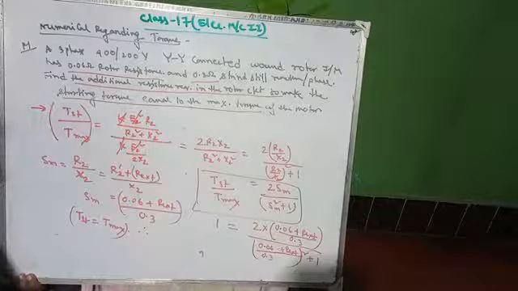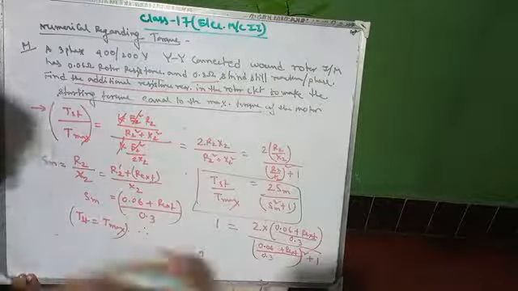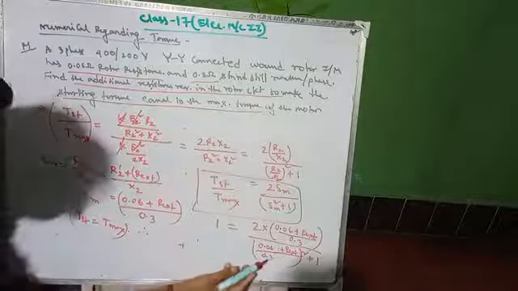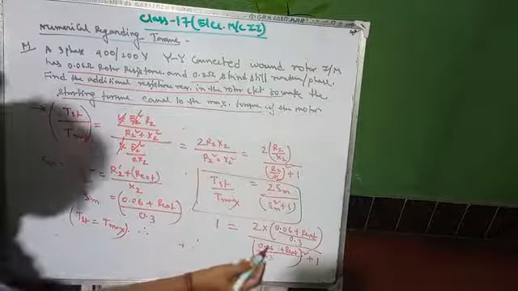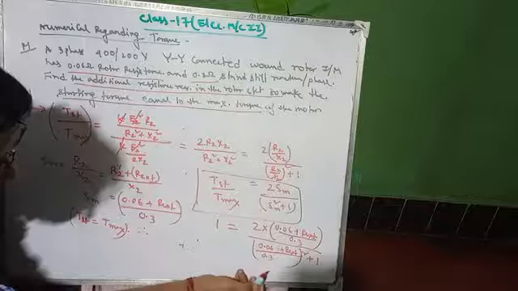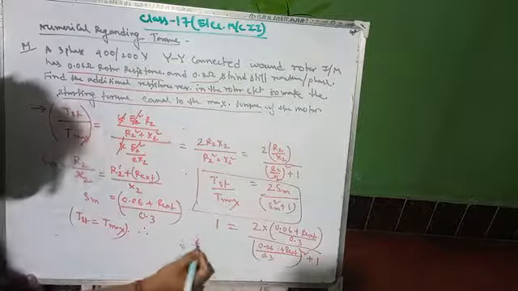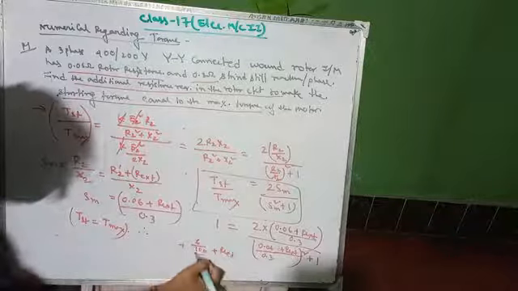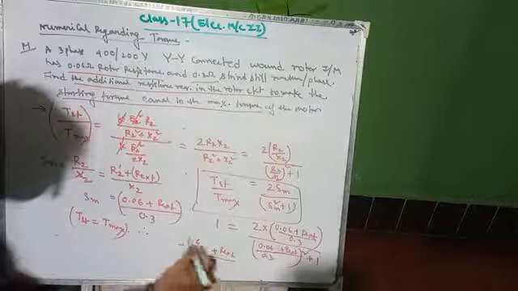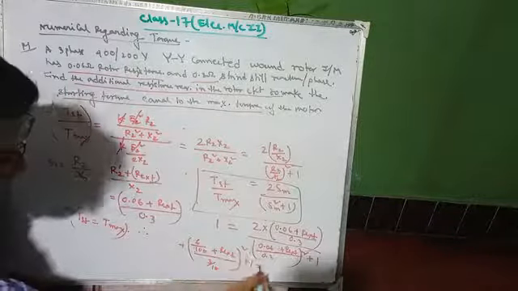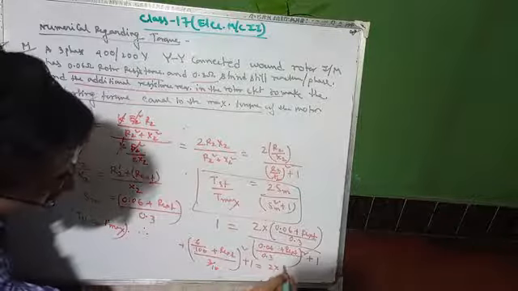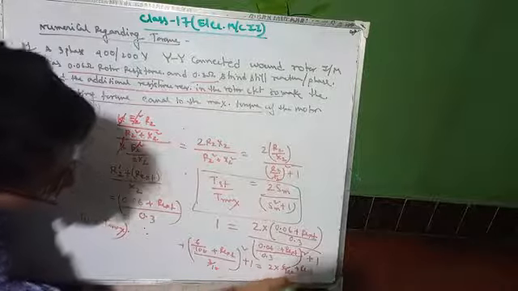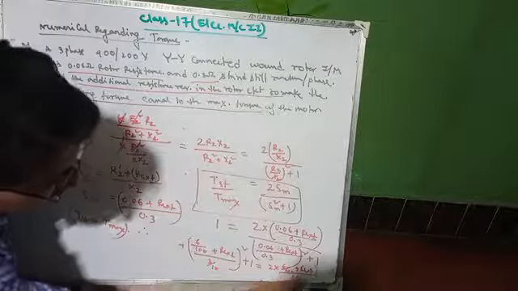So just change the sides first: 0.06 by 0.3 is 6 by 100 divided by 3 by 10. So (6/100 plus Rext) by 3/10, whole square plus 1, equals 2 into (6/100 plus Rext) by 3/10.